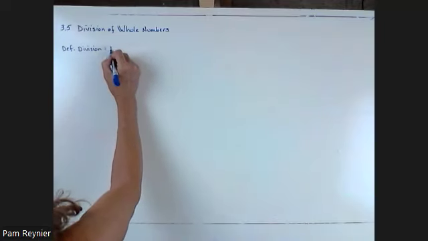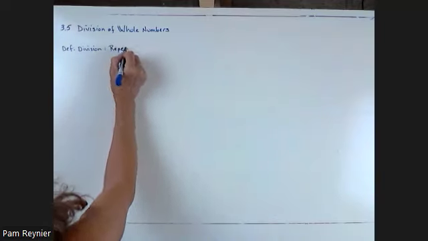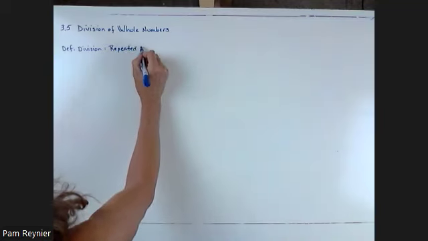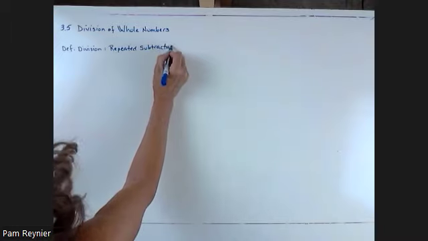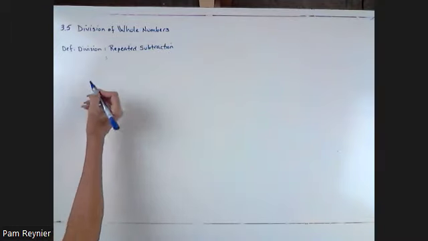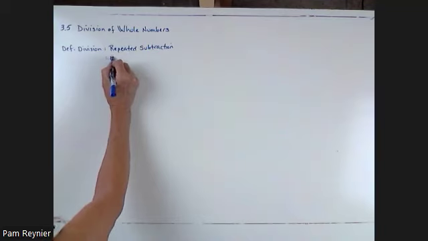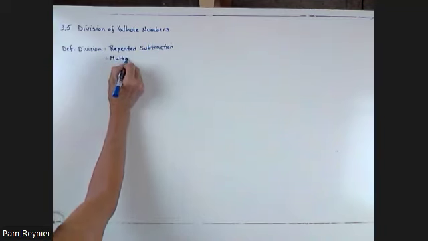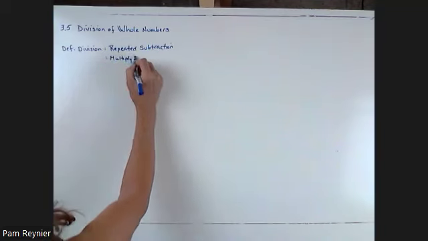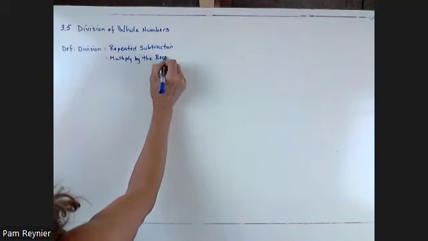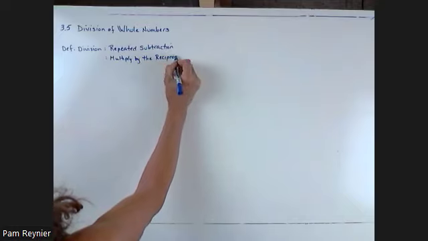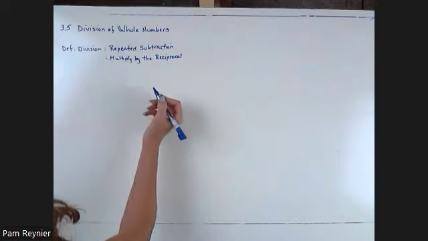Division is simply repeated subtraction. We can also, as the students get older, define it as multiplying by the reciprocal, and we'll talk about that more when we get into fractions or rational numbers.